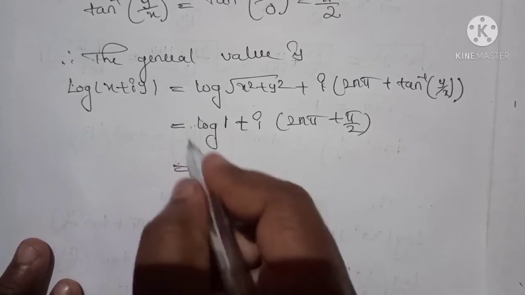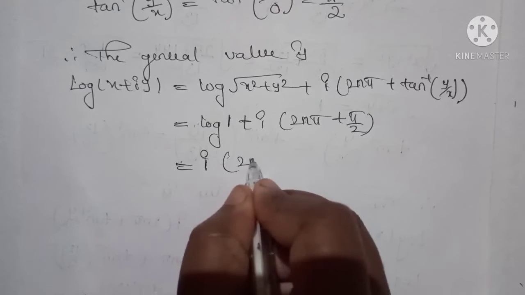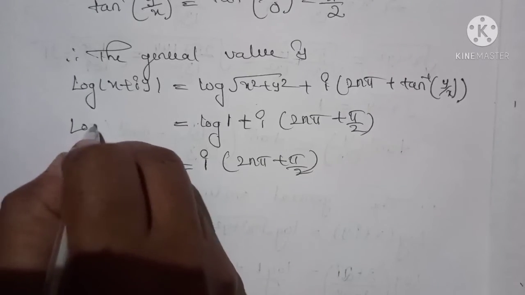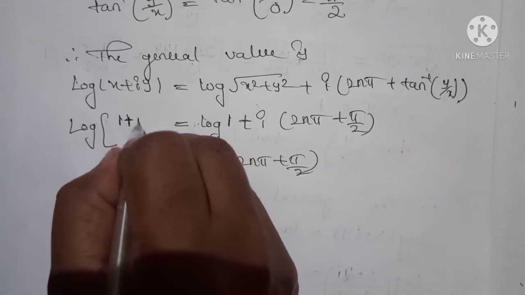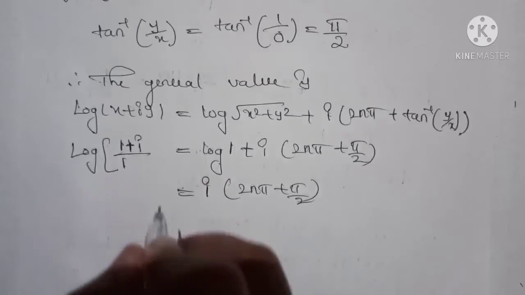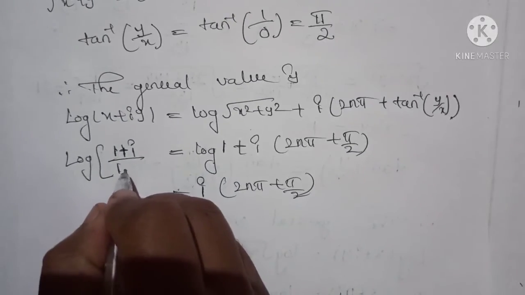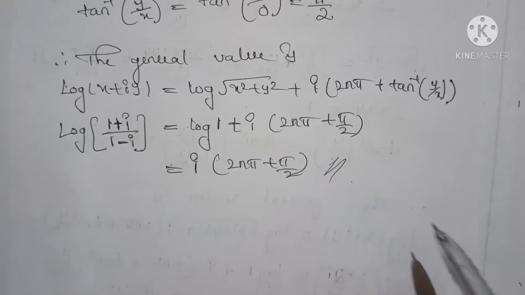We know the log of one value is 0, therefore it is I 2n pi plus pi by 2. So this is the log of the given complex quantity, that is 1 plus I divided by 1 minus I. Okay, this is the required answer.